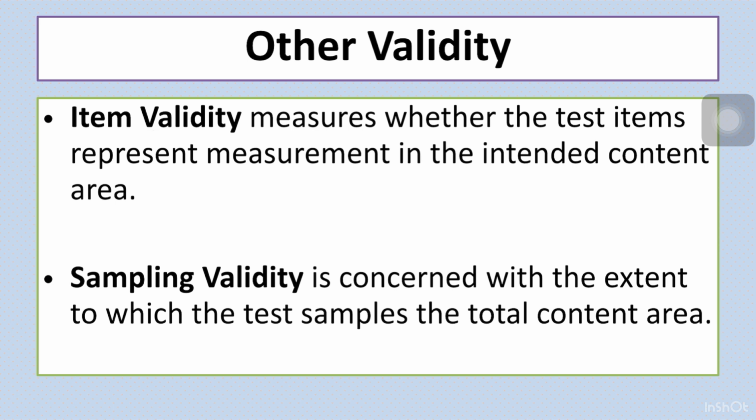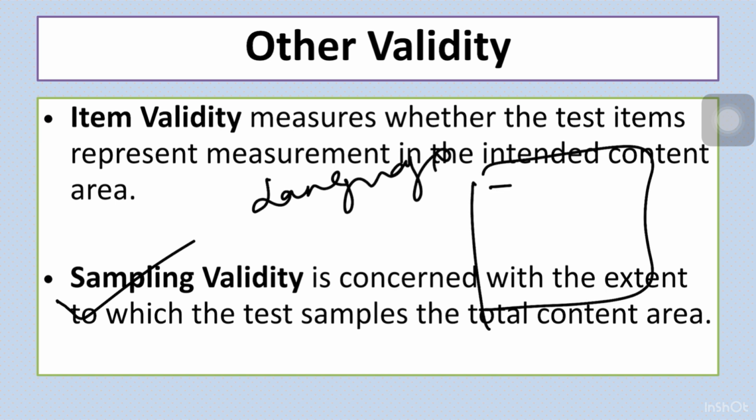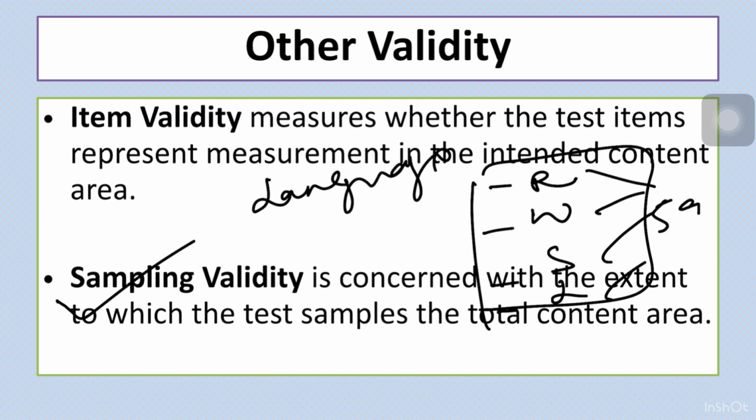Clear? Now, the last type of validity is sampling validity. Taking the same example, I want to measure the language aptitude of a person, right? We have four aspects: reading, writing, speaking and listening. So, for all these aspects, I am taking 5 questions each.